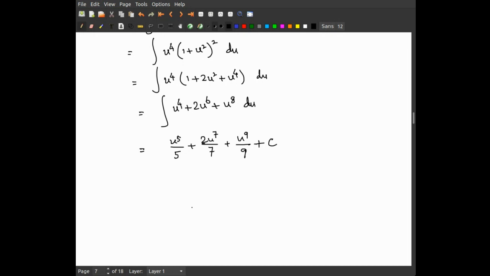But we can't stop here because it's in u, so we have to change it back. That would be tangent to the power 5 over 5, plus 2 tangent to the power 7 over 7, and finally tangent to the power 9 over 9 plus c.